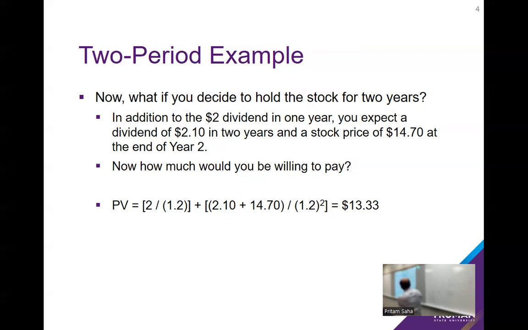Then go for CO1, $2, frequency 1. CO2, the sum of this, like 16.8, frequency 1. Then calculate NPV.